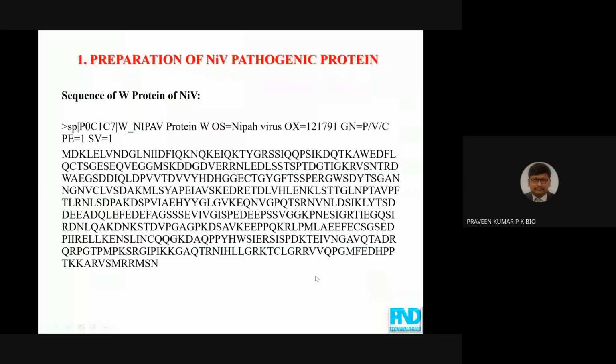Today, we'll be practicing a demo with the Nipah virus W protein, which we already worked on. I told you that in reverse vaccinology, we can come up with an epitope-based vaccine.